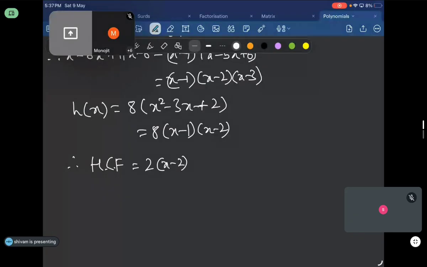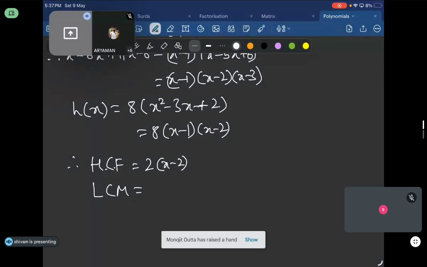Okay. Yes, sir. Now everyone, can someone tell me the LCM also in this case? Raise your hand. If you have understood LCM, tell me the LCM as well. It's very simple.